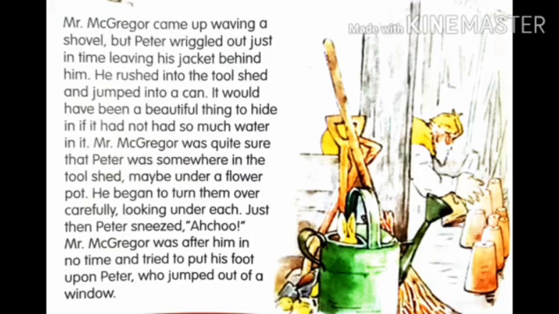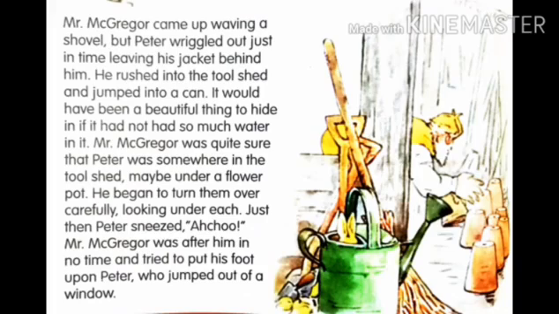But there was some water in the can, so he could not sit in the water for much time. So it would have been a beautiful thing to hide in if it had not had so much water. Because of that water he was unable to sit in that can.